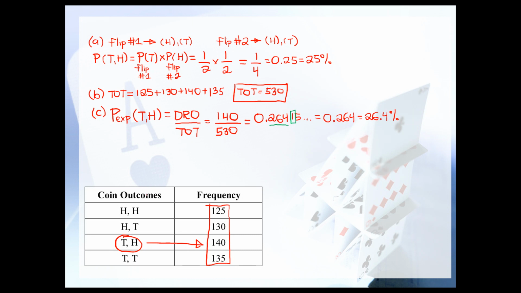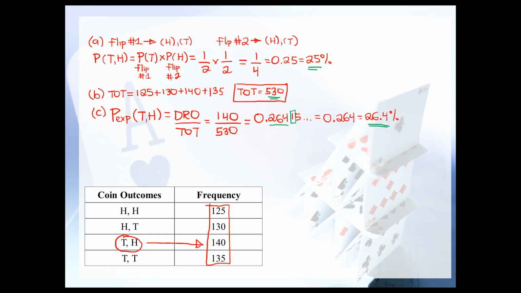Okay, now I just wanted to point something out here. Remember what I said? I said the more times you actually perform an experiment, the closer the experimental value is going to get to the theoretical one. Well, look how many times we did this experiment: 530 times. 530 times, I got tails followed by heads 26.4% of the time. Theoretically, I was supposed to get that 25% of the time. Now, there's a much smaller gap between those numbers.